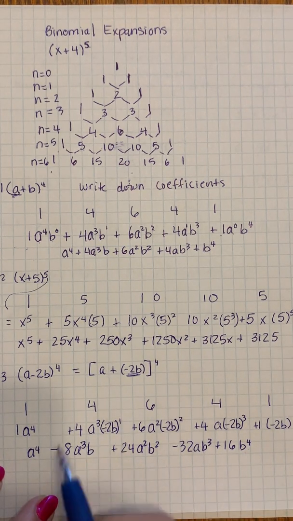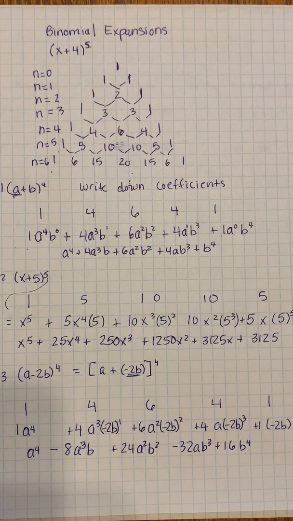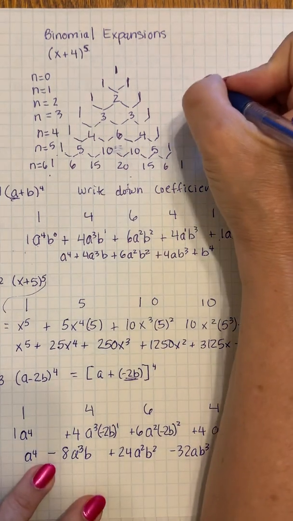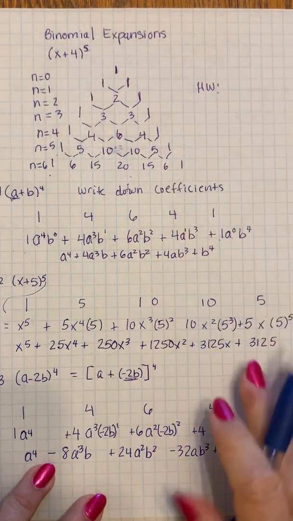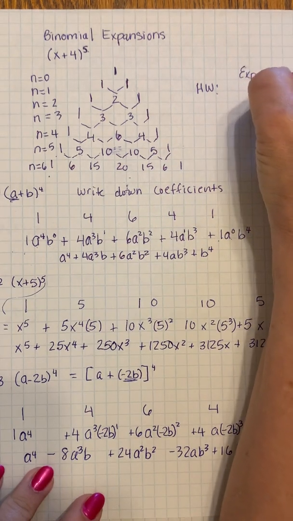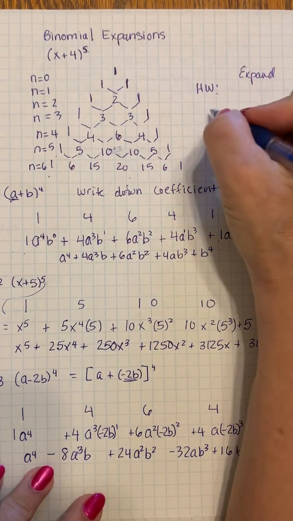And then you just have to combine these terms, multiply them out. So it's pretty straightforward if you follow these directions. So your homework, I'm going to put up here, is going to be to expand. I'm just going to have to do 4 of these.